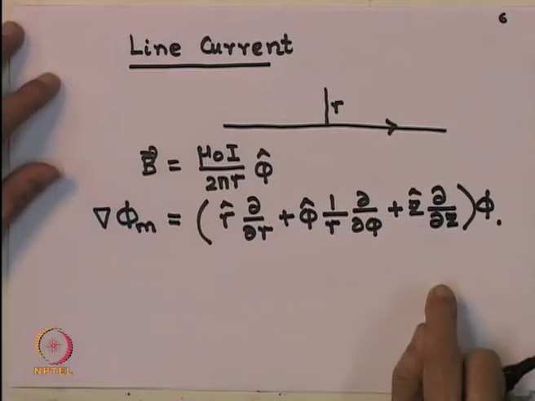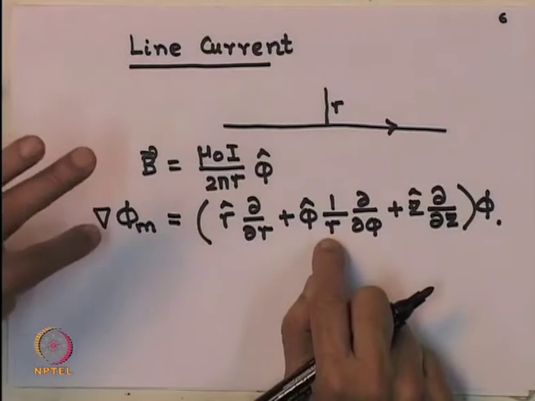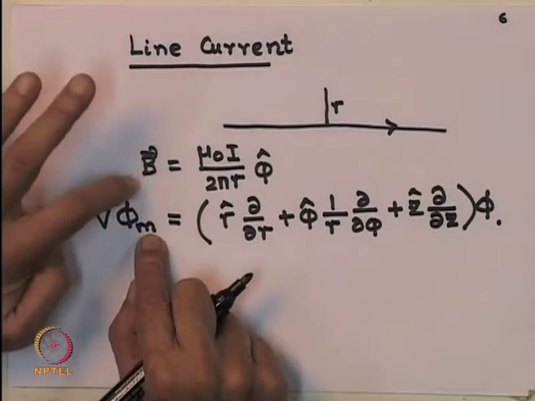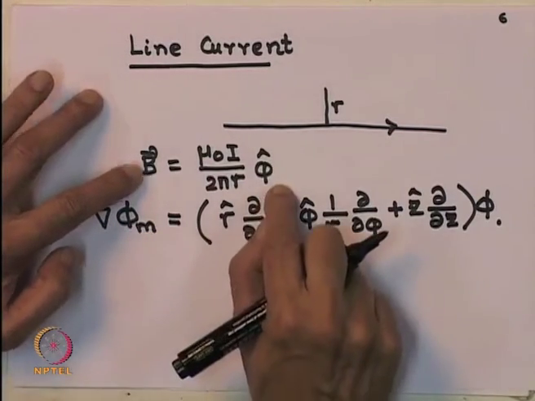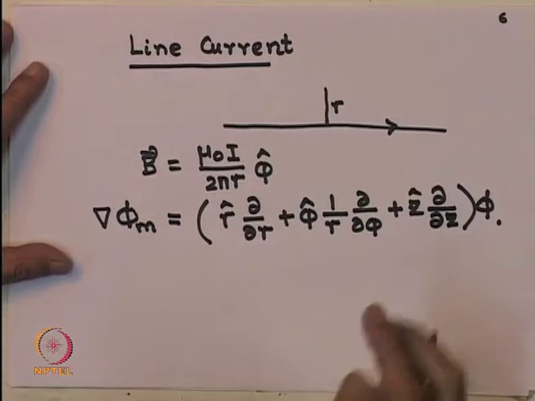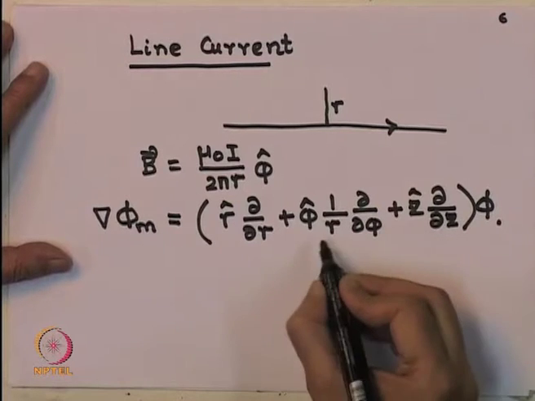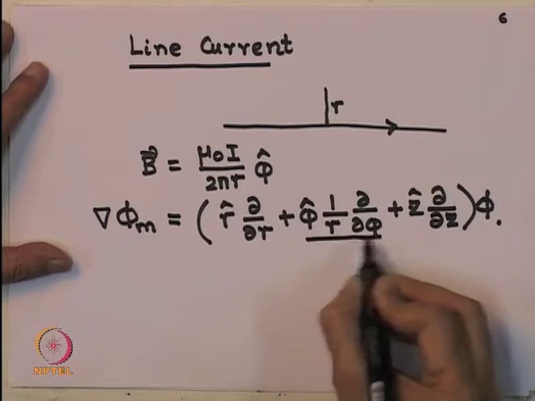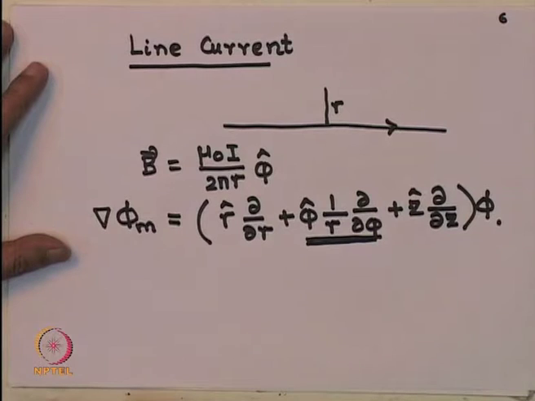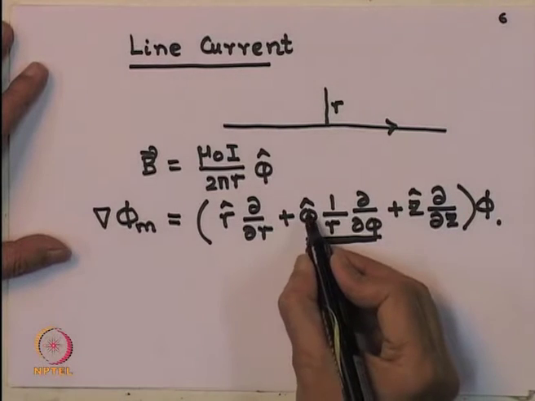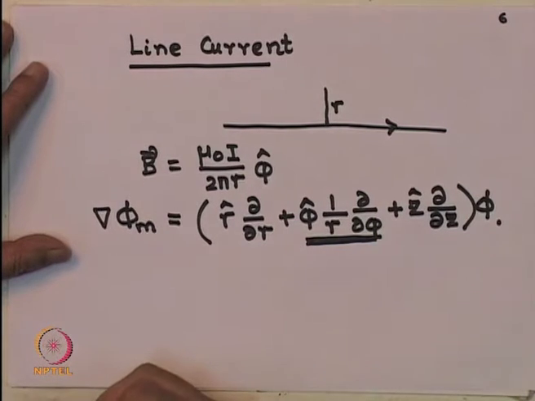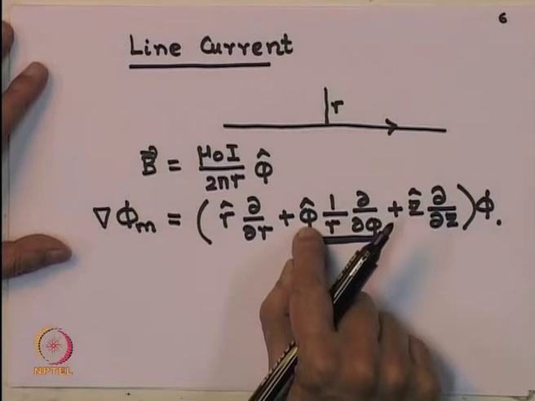Since the gradient of phi is B and B is only in the direction phi, I do not have to worry about the dependence of phi on r and z, I only need the dependence on phi, because that is the only term which gives me a term proportional to the unit vector phi.